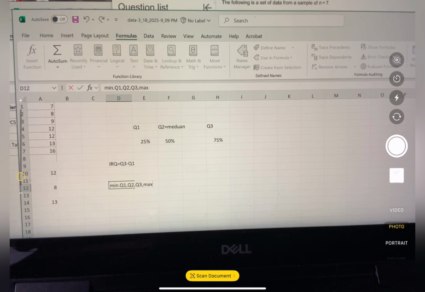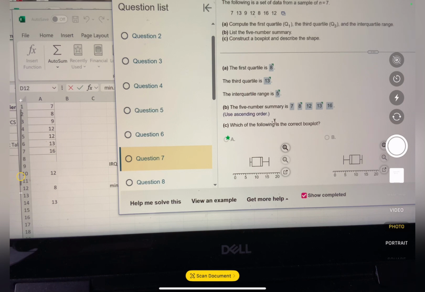So our minimum is 7, and the maximum is 16, here at the end. Then Q1 is 8, the median is 12, and Q3 is 13.